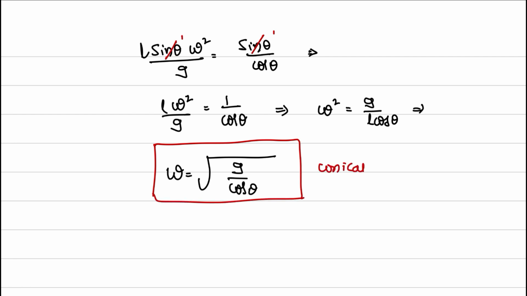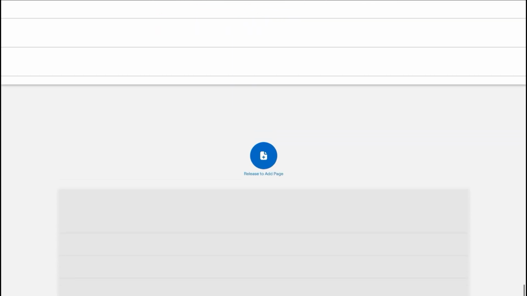Conical pendulum. But here we have to find out the time period. What is the relation between the time period and omega? Omega is the angular velocity. For a circle having 2 pi radians, how much time it takes is the time period. So, T is equal to 2 pi by omega.